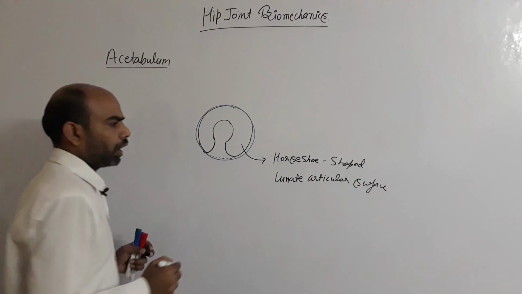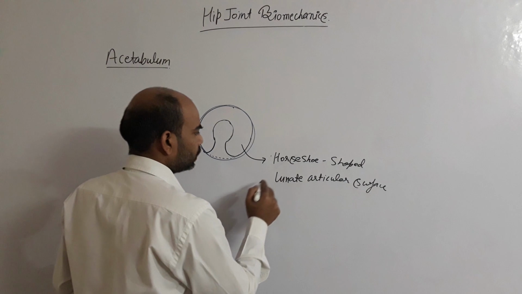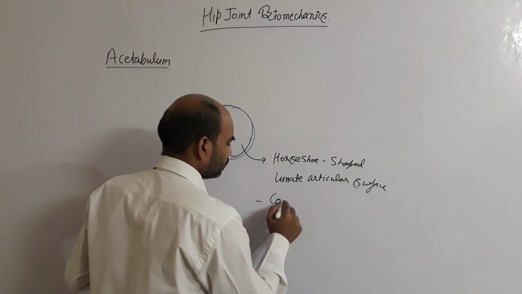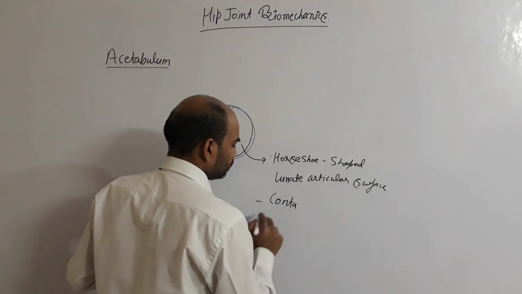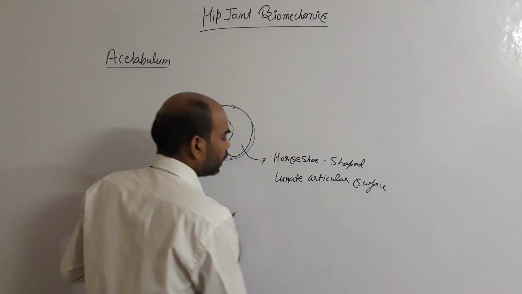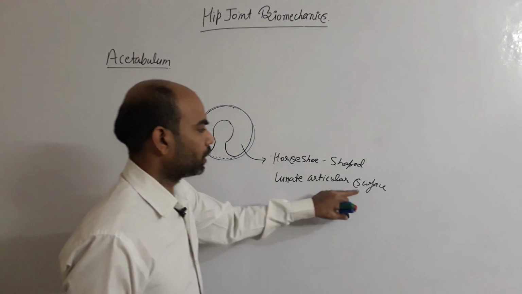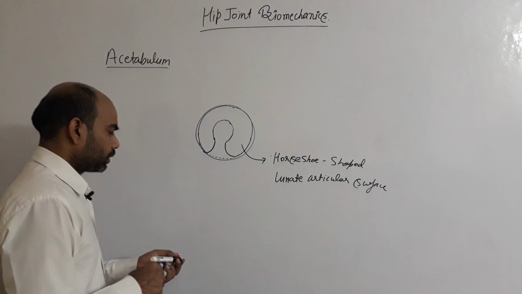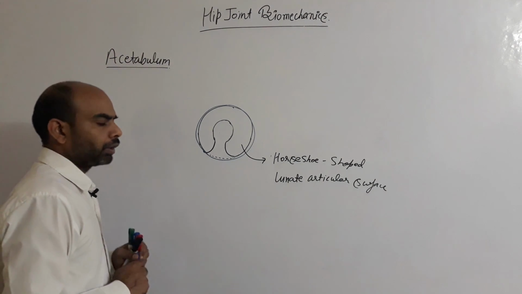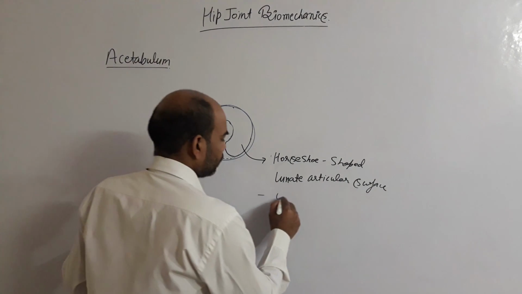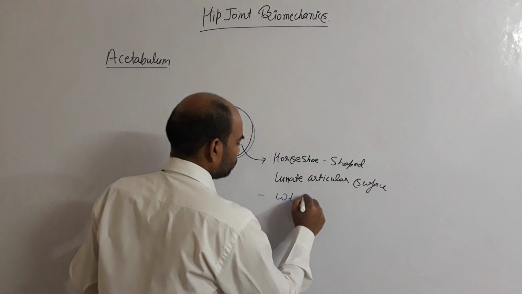This is the contact area. This lunate articular surface is the articular surface for the weight bearing area, so it is a weight bearing area.